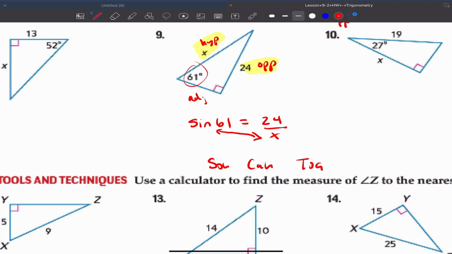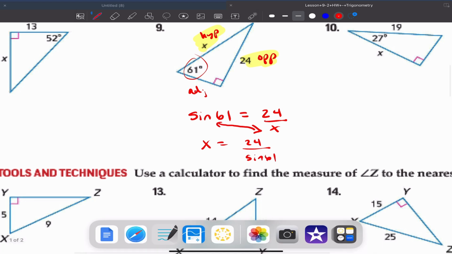Since x is in the denominator, I'm going to swap the sine of 61 and x, the positioning of those two. So I should get x equals 24 over sine of 61.